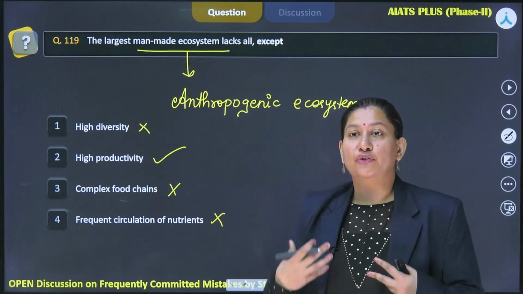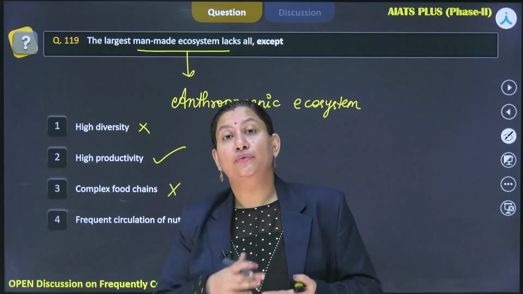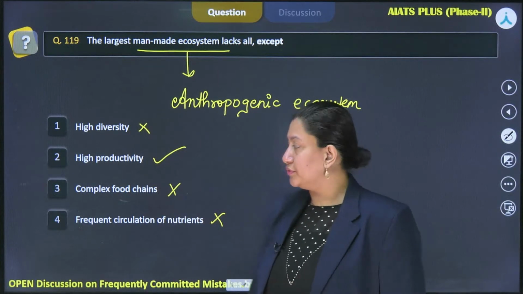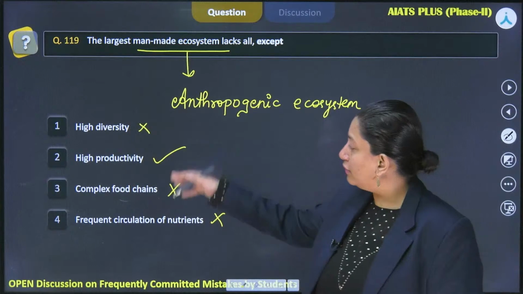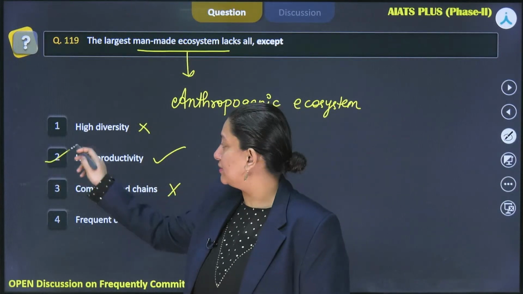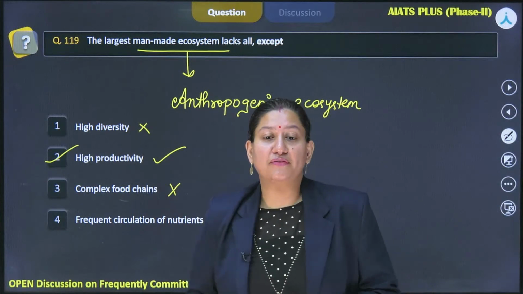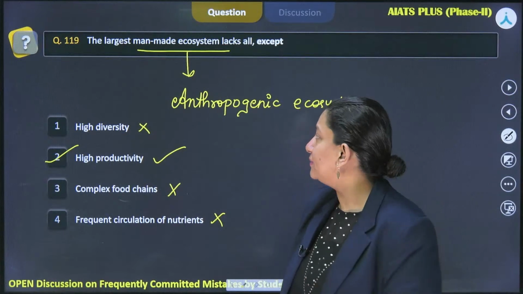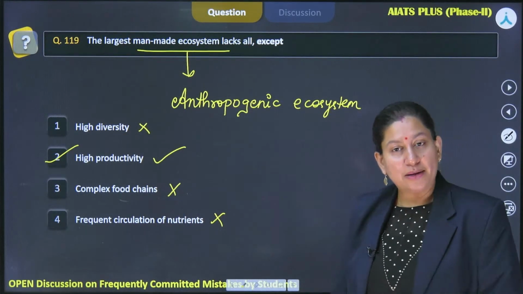The humans have to intervene during the formation and during the sustenance of this ecosystem. So there won't be a frequent circulation of nutrients over here on its own. So it will lack all of these except the higher productivity, because that's what is found in the anthropogenic ecosystems. So yes, as you have correctly said, crop fields and aquariums would be examples of it, right? So this is about the man-made ecosystem.